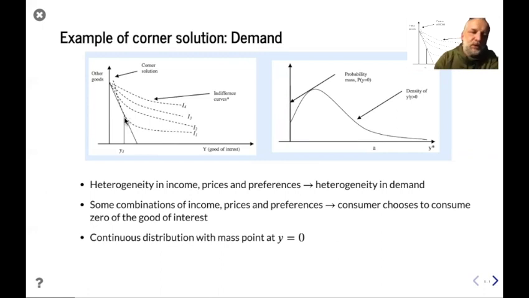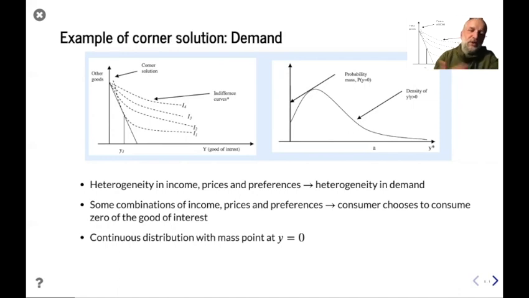And then we will find that optimal demand where the indifference curve is tangent to the budget line. So that's your micro 101.